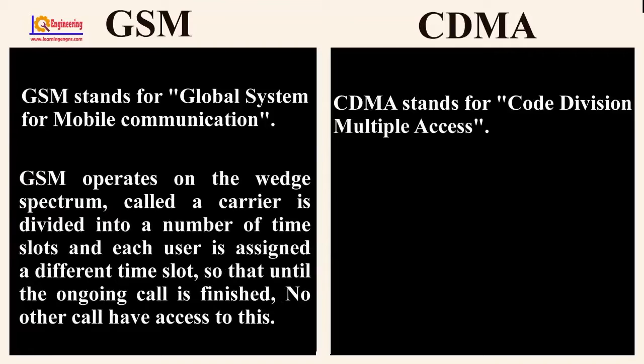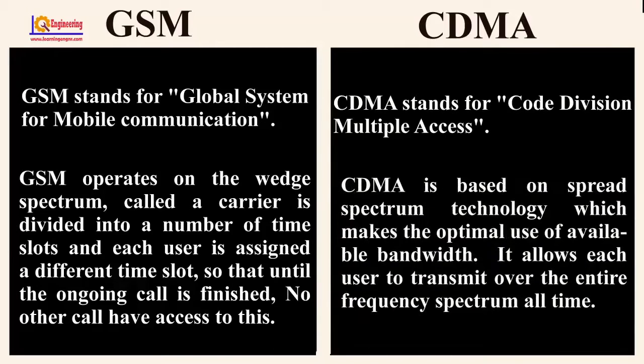GSM operates on a wide spectrum, called a carrier, which is divided into a number of time slots, and each user is assigned a different time slot, so that until the ongoing call is finished, no other call has access to this. CDMA is based on spread spectrum technology, which makes optimal use of available bandwidth.